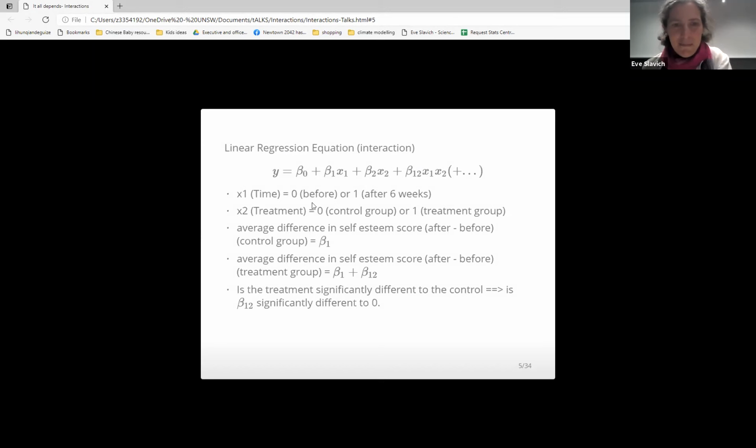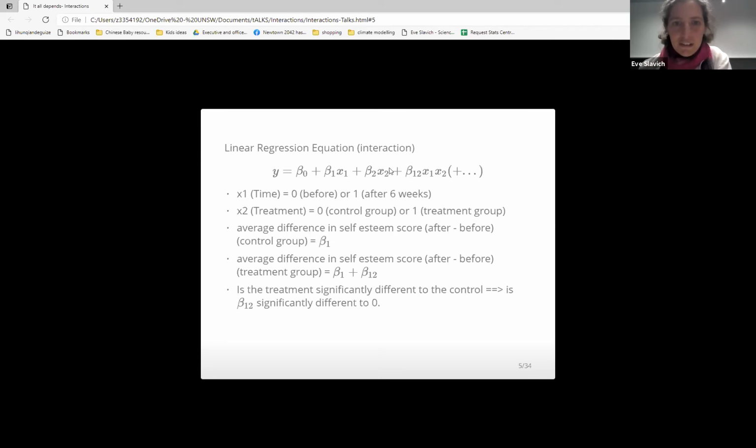So here, x1 is time, so it's either 0 before or 1 after. X2 is treatment, which is either 0 or 1. And so if we want to know what the average difference in self-esteem score is in the control group, we just look at beta1, because in the control group, x2 is 0.